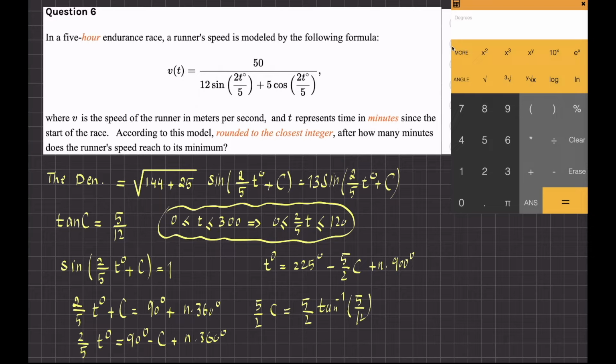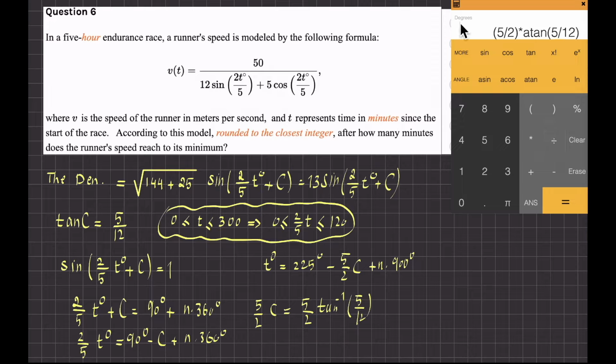You can open a pair of brackets here, 5 divided by 2, of course it is not necessary here, and then multiplied by tangent inverse, which is here, and then I have 5 divided by 12, and I close this one.